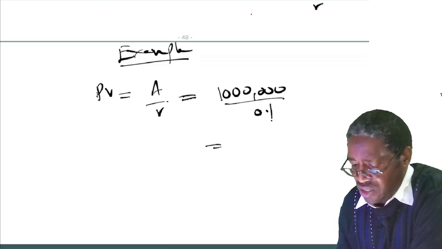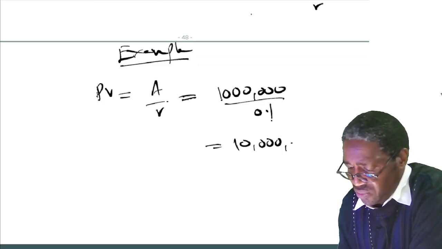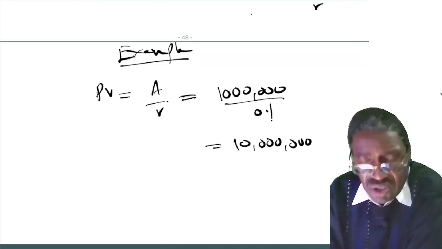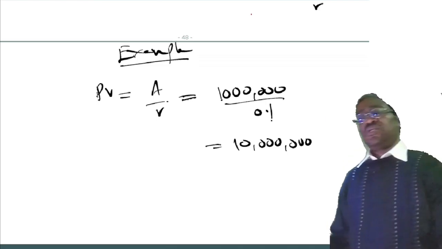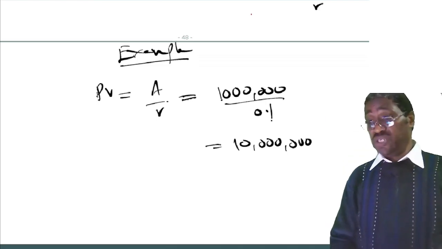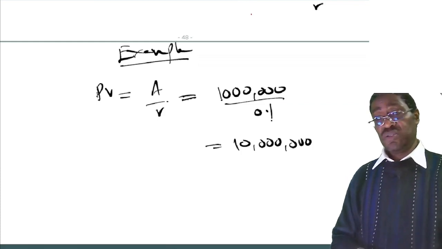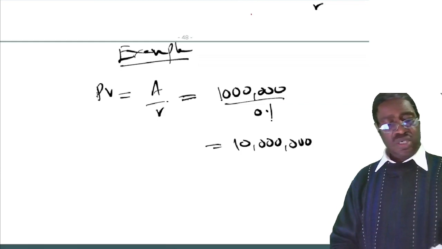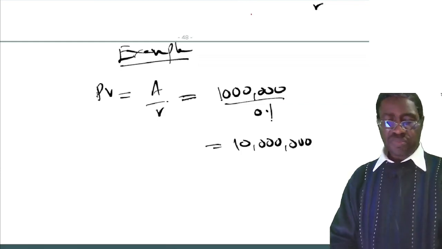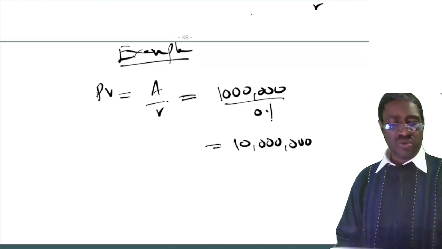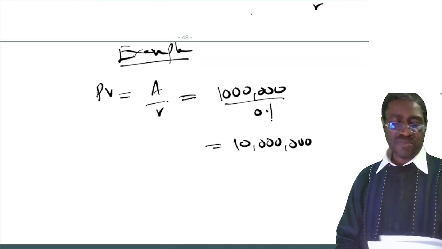So to me that is simple. That's 10 million. Good. That is how we shall be getting the present value of an annuity into perpetuity.